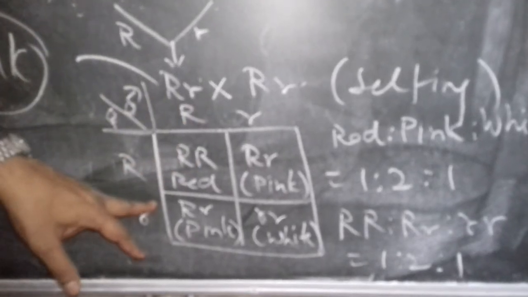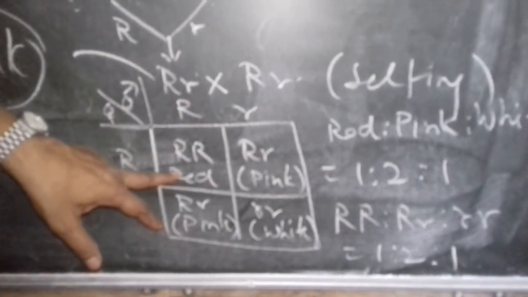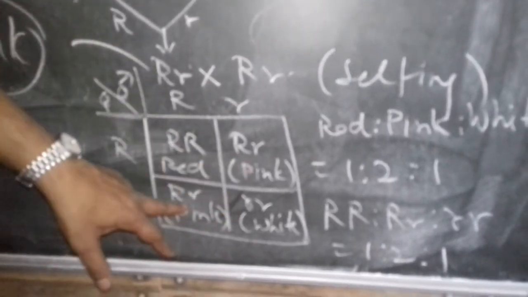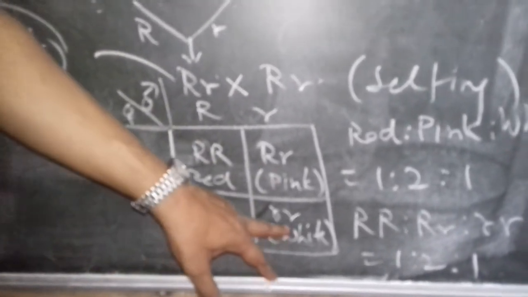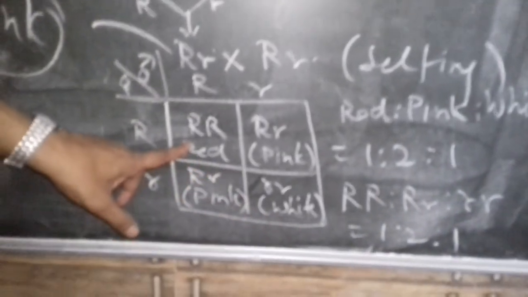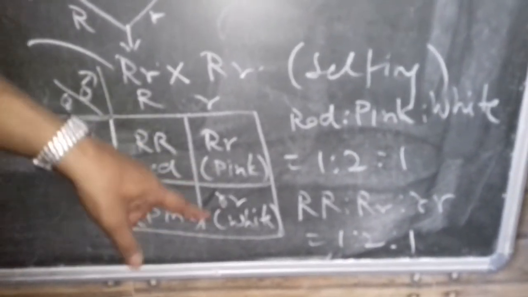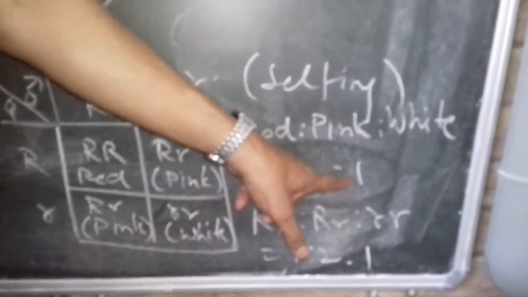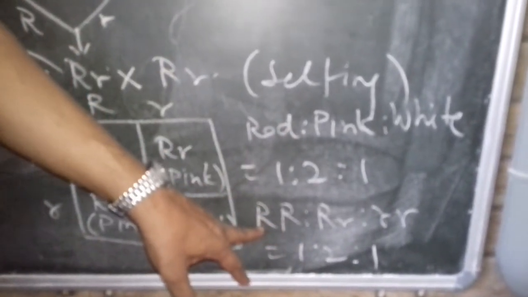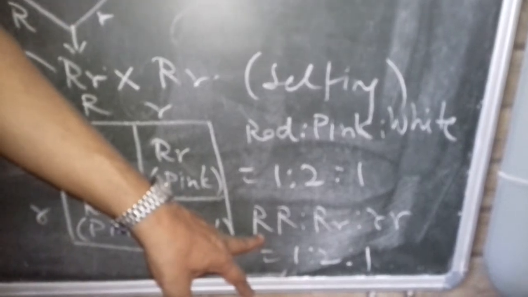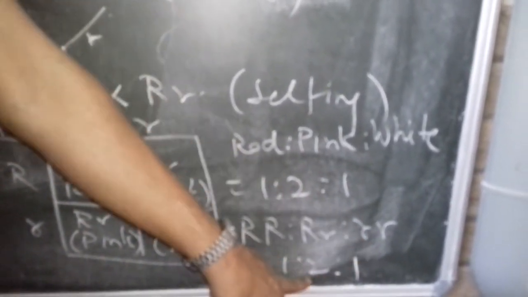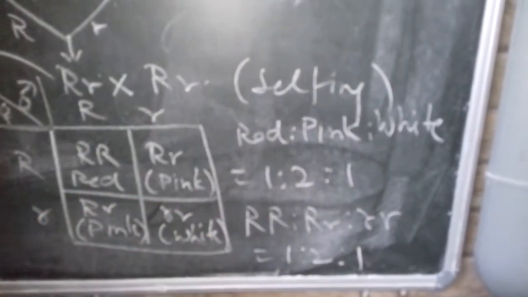In the F2 generation, we have capital R capital R, capital R small r, and small r small r. That means it comes in the ratio of 1:2:1. 1 red, 2 pink, and 1 white. And the genotypic ratio is also the same: capital R capital R to capital R small r to small r small r is 1:2:1.